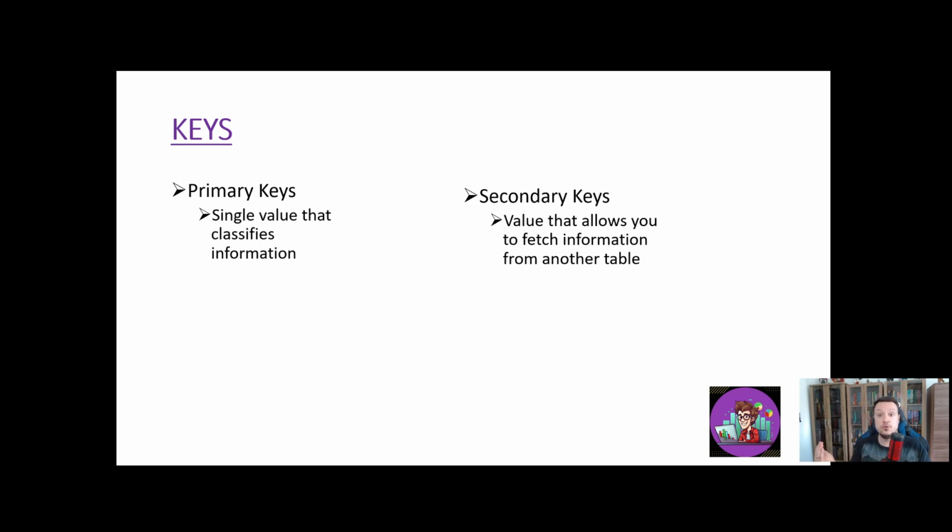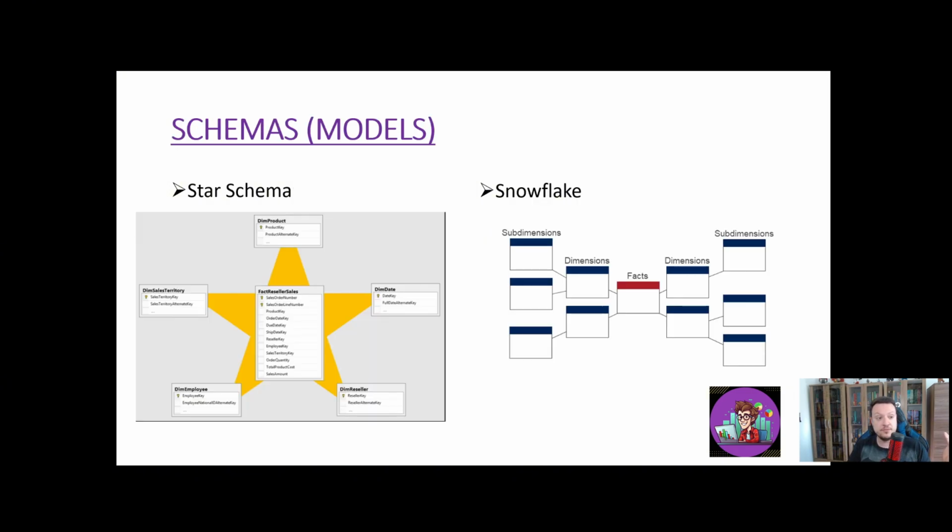So using these keys, we will have the relationships. Having the relationships, we will have the star schema or a snowflake, which are the schemas of our model. I have a video talking specifically about this topic, so if you want to know about star schema and snowflake and the difference between them, you can watch that video.